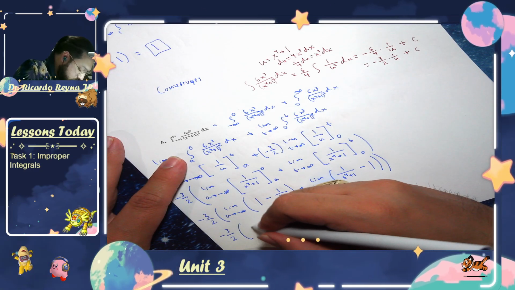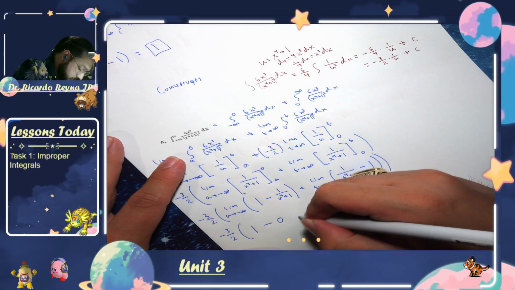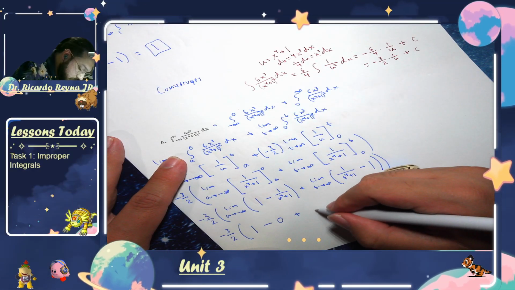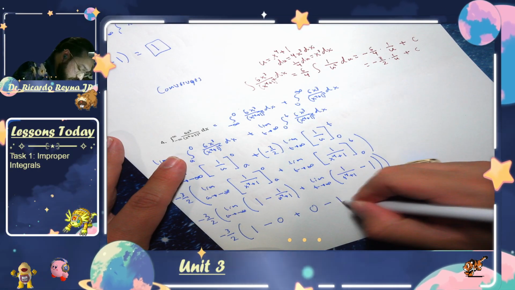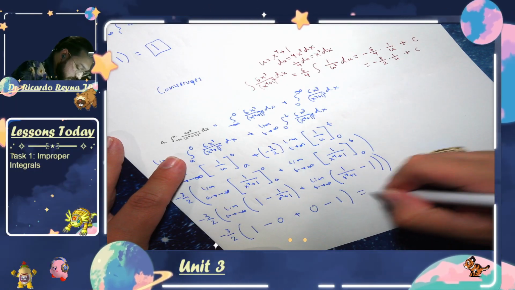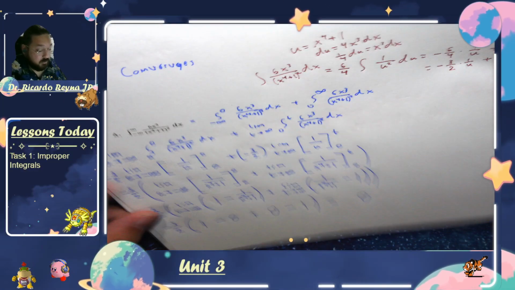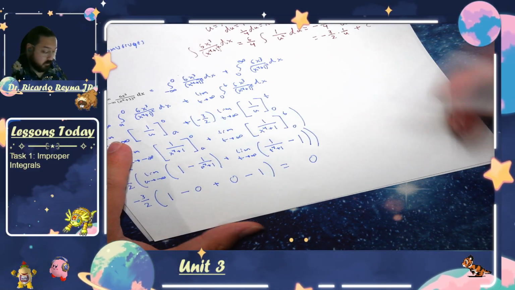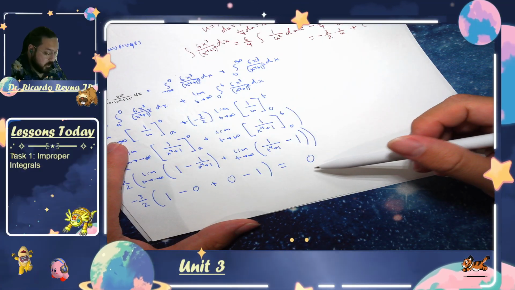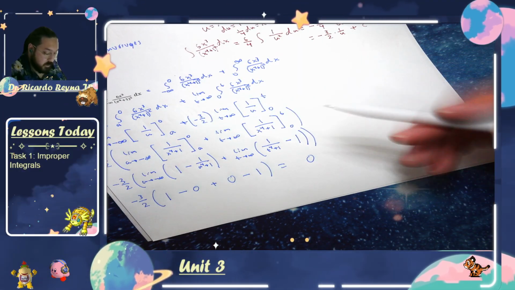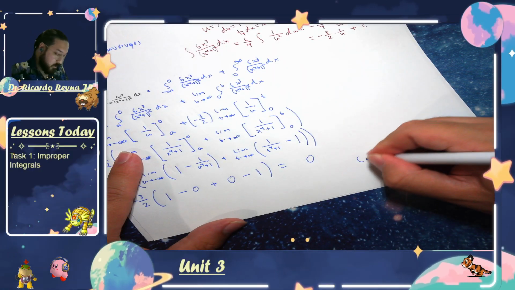So we have 1 minus 0 plus 0 minus 1, which all comes out to 0. Which isn't the best result, but it's the result. It says what is this whole limit, does it converge into something, so the whole thing converges.